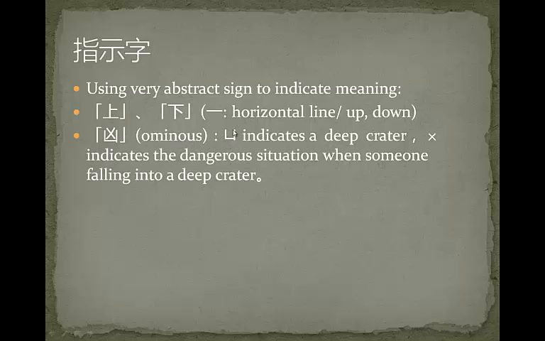So the frame right here indicates a deep crater or a deep hole, and the cross in that indicates the general situation when someone falls into a deep crater. So it mimics the situation of someone falling into a deep hole. So that's bad luck and ominous.